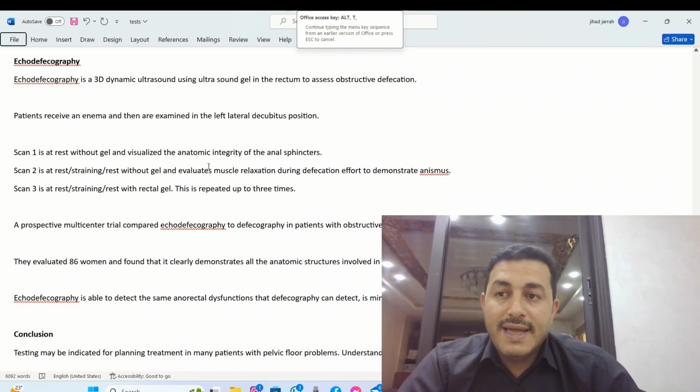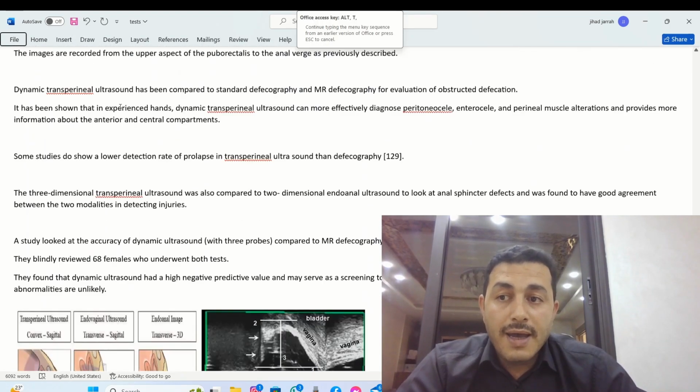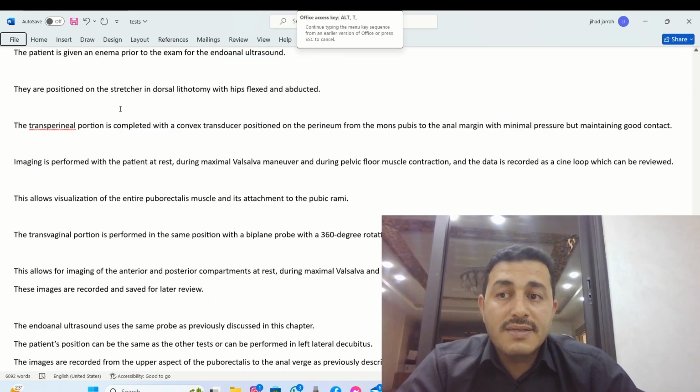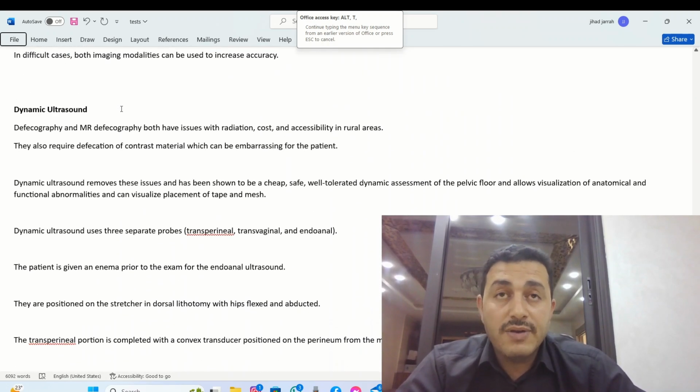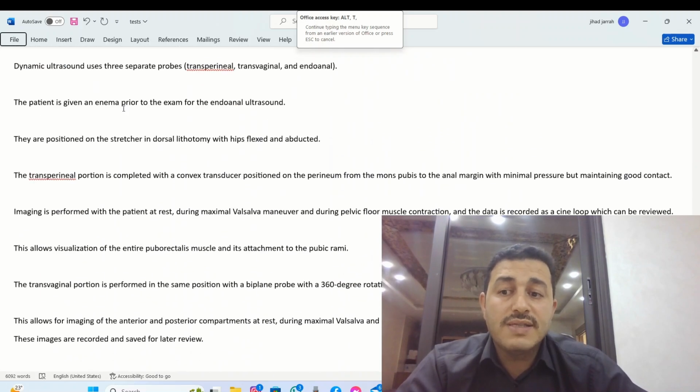Echo defecography: we said that in dynamic ultrasound, no rectal contrast is given. We just take a picture during rest and we ask the patient to do Valsalva.